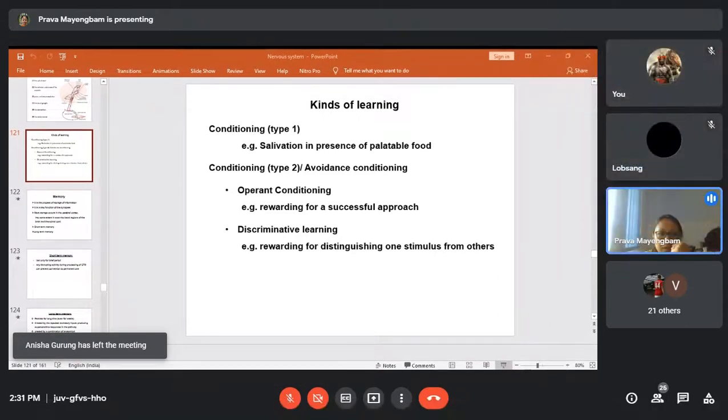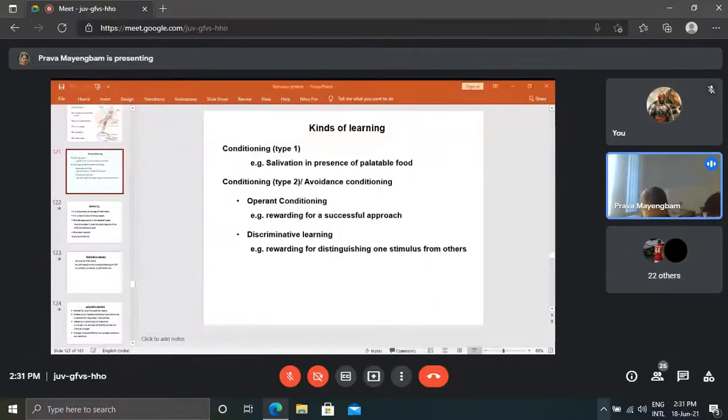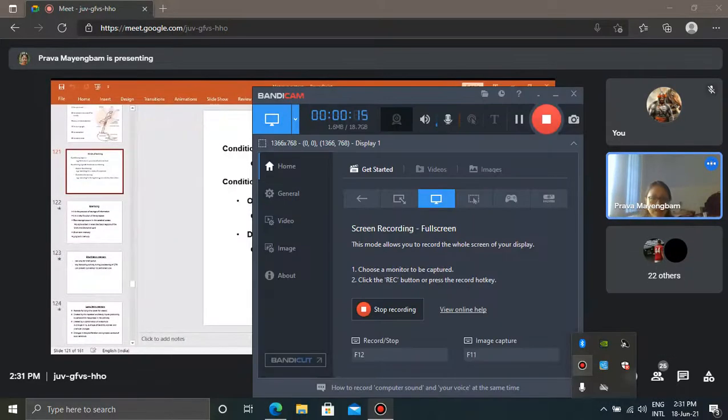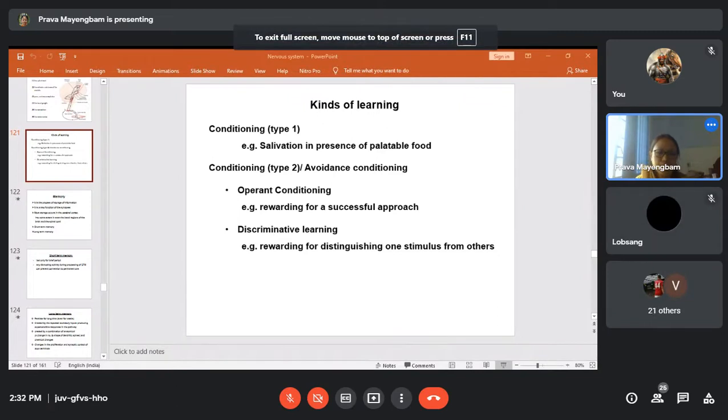Okay, so one form we are going to learn about is learning. How is there a learning process, how is it part of the brain, how does learning happen in the body?